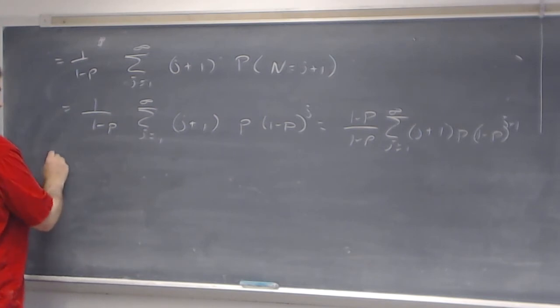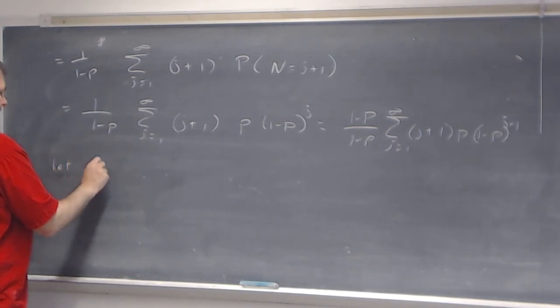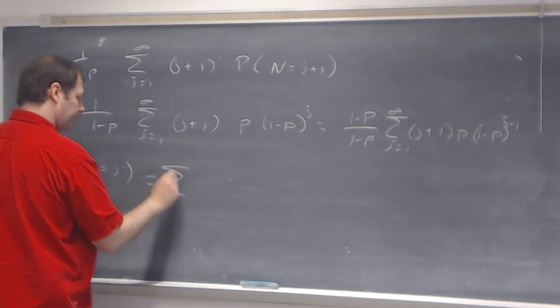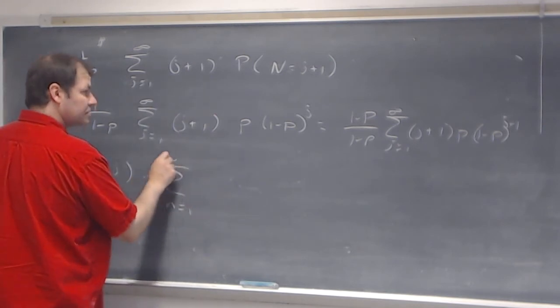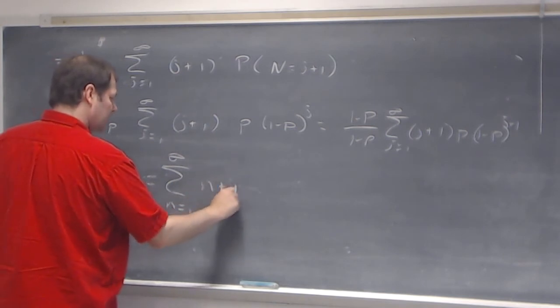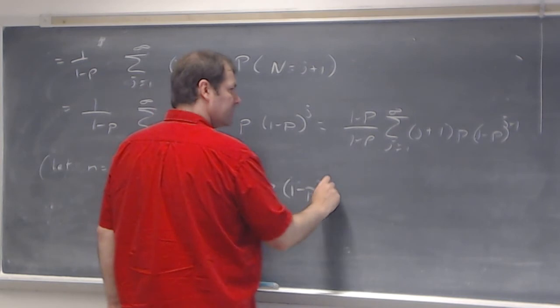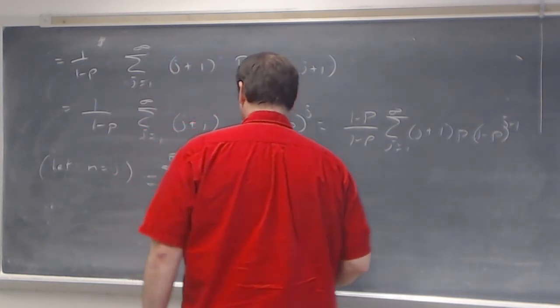So here, if I let n be equal to j, I can rewrite this as a sum as n runs from 1 to infinity of n plus 1 times p times 1 minus p to the n minus 1.